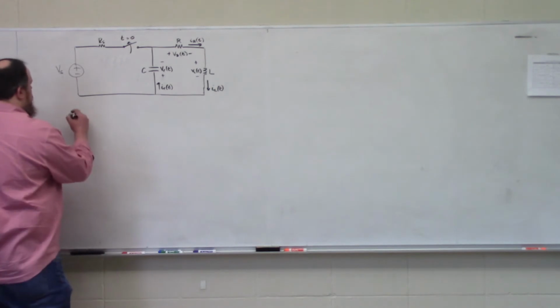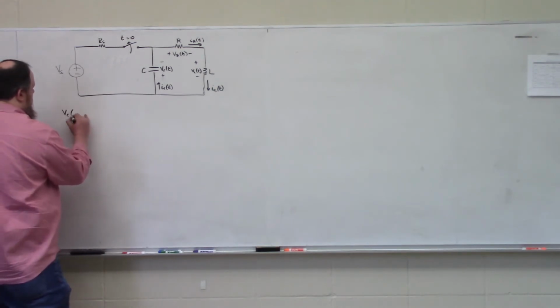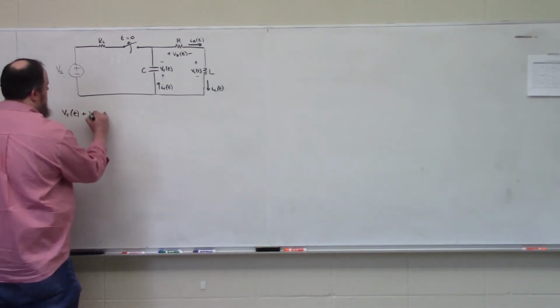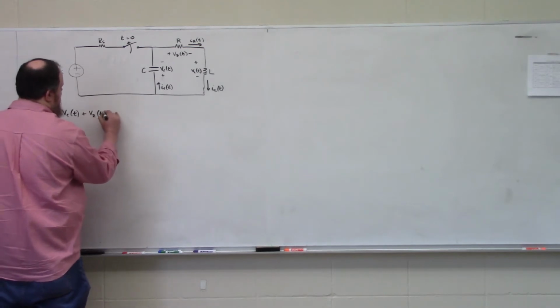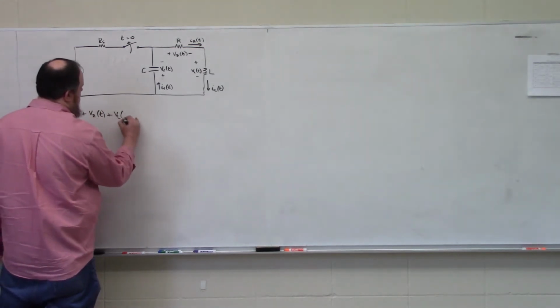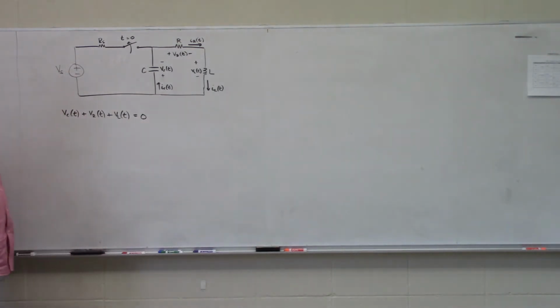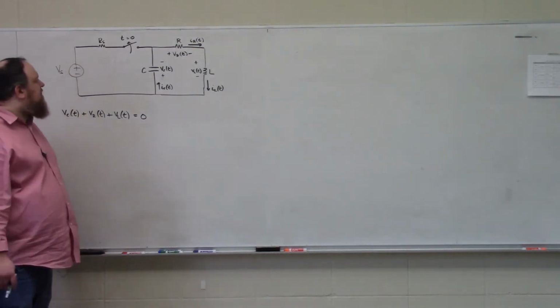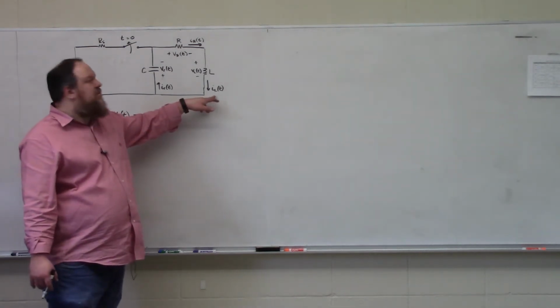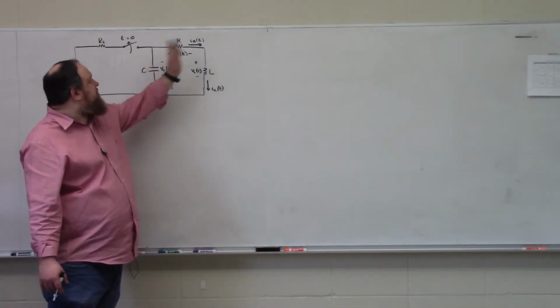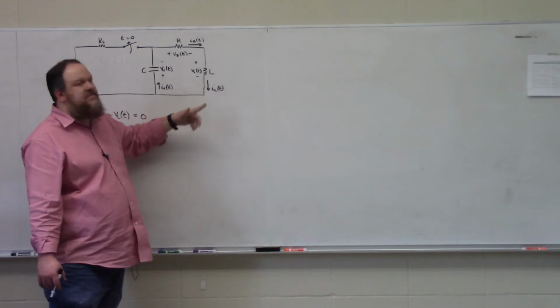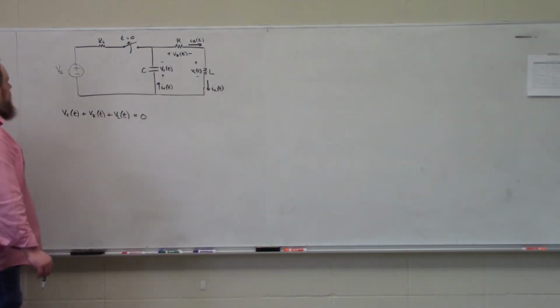So let's write a Kirchhoff's voltage law equation where we're going to start at this bottom left-hand corner. So we should see VC of t plus VR of t plus VL of t is equal to 0. And we're going to express everything in terms of this inductor current IL. After the switch is open, all three of these currents are going to be the exact same thing as the inductor current.